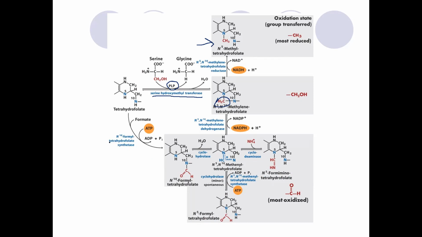And then if you want to release a formate, you can simply use a N10 formyl tetrahydrofolate synthetase that will convert this, the formate, into the formyl group. So there's several ways to get the formyl group, but you'll notice it's going to take several reactions. So you can make it from the methylene, or you can make it from the glycine to serine to formate, so on and so forth. So a lot of these reactions are reversible.